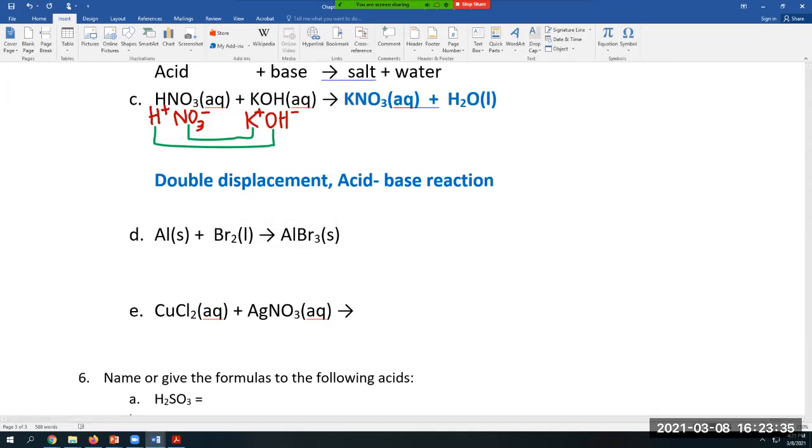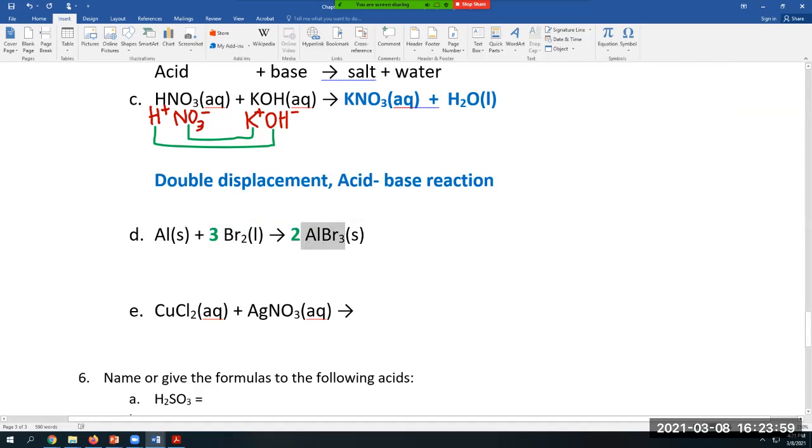And so that's going to be 3 bromine on the left, because 3 times 2 is going to be 6 bromine. And then that means we need a coefficient of 2 in front of AlBr3 to make it 6 bromine on the right, because 2 times 3 is 6.